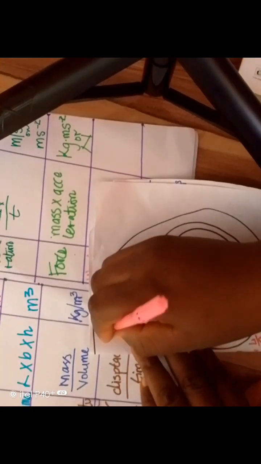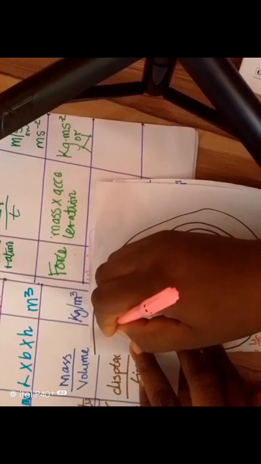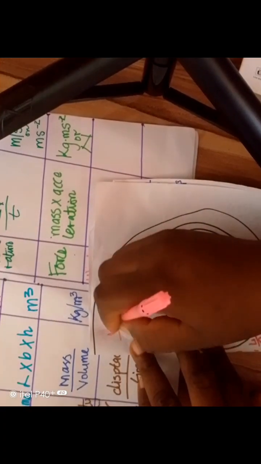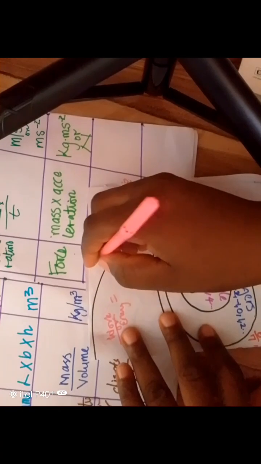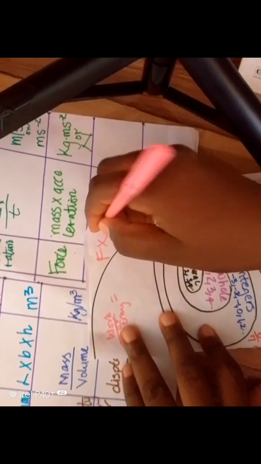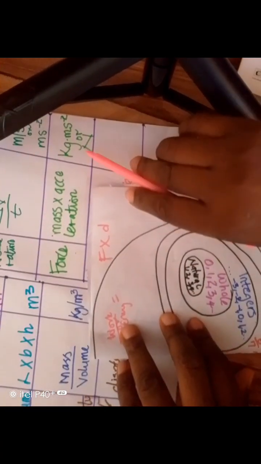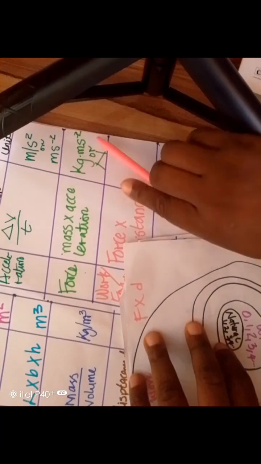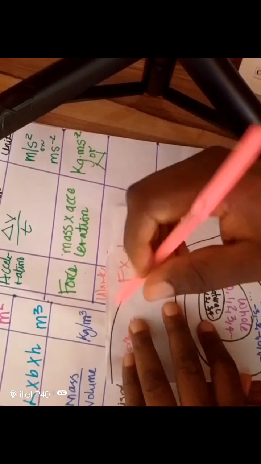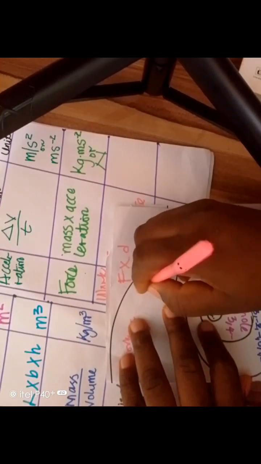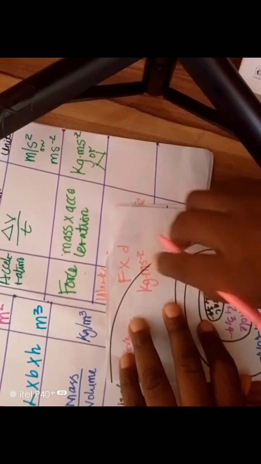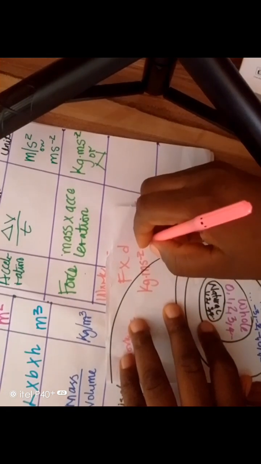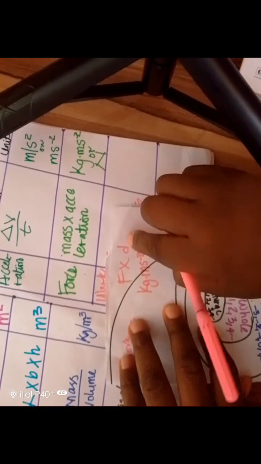So whenever you see work or energy, it's the same thing. We said that it's force times distance. So we just bring our units for work. Are you seeing the units for work? Yes. Our unit for force is kg m per second squared. Then we times it with our meter.